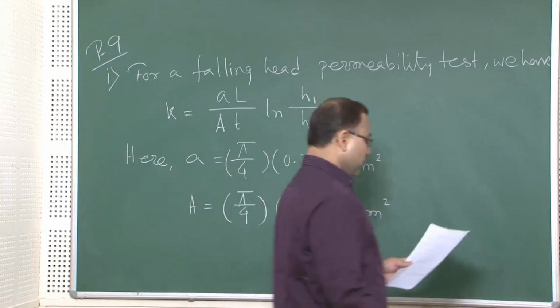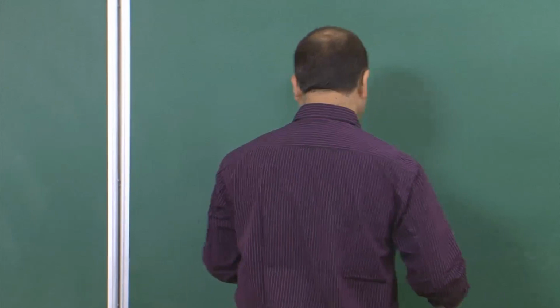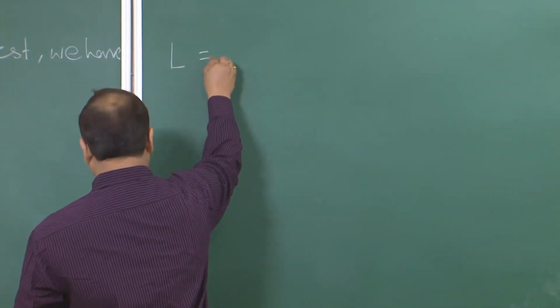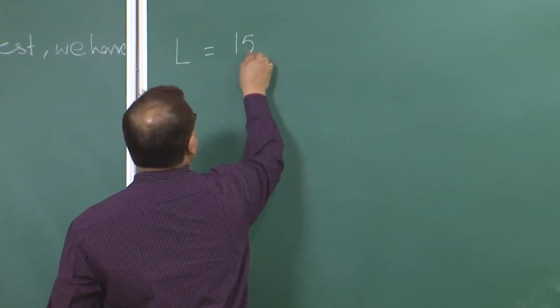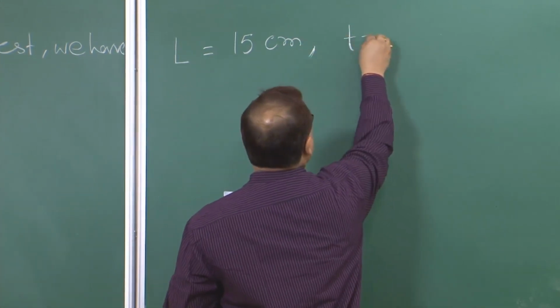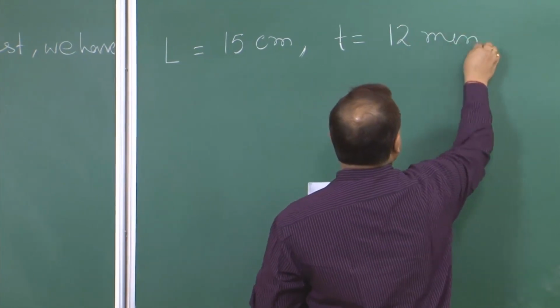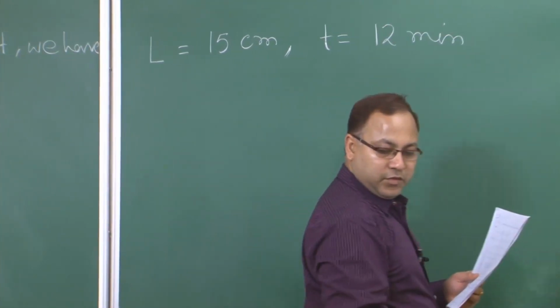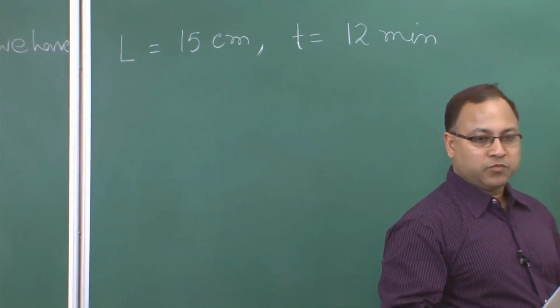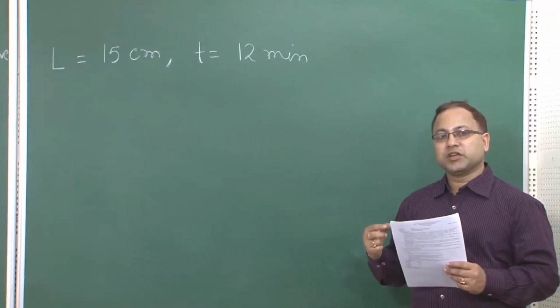Now, what is L? The length of the soil specimen is given in the problem, that is 15 centimeter. And T is given as 12 minutes, because it takes 12 minutes for the head to fall from 60 centimeter to 45 centimeter.